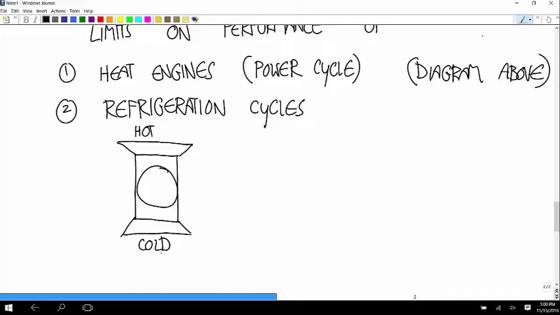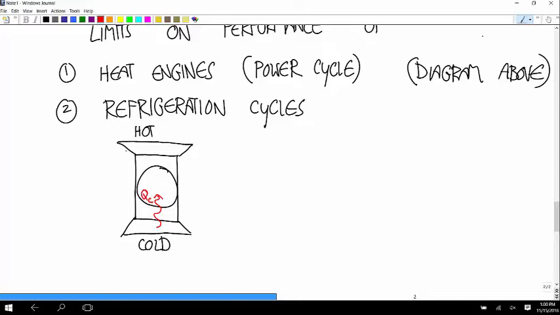Okay, so how does a refrigeration cycle work? In a refrigeration cycle, your goal is to take energy out of the reservoir that's already cold. So there's your Q sub C. Where do you want to put that energy that you take out of the cold?